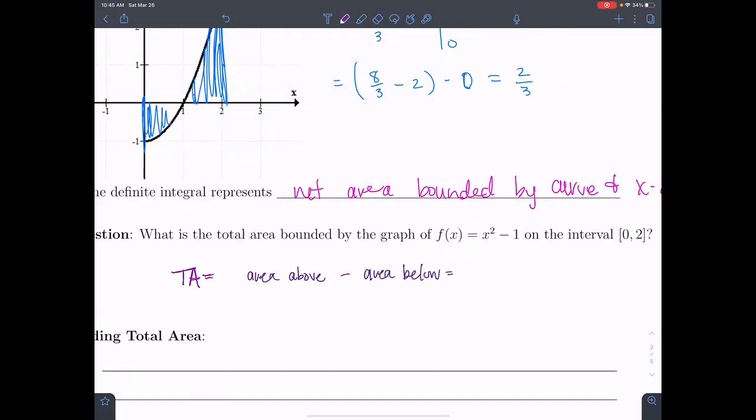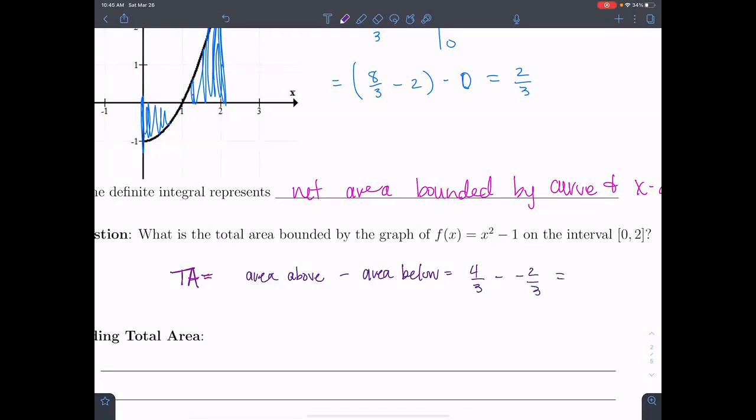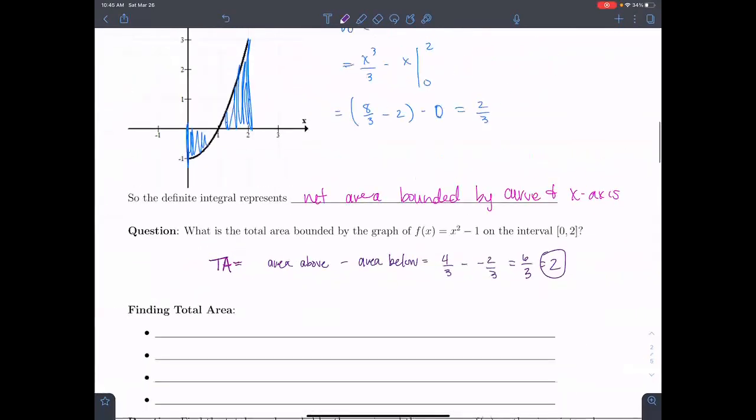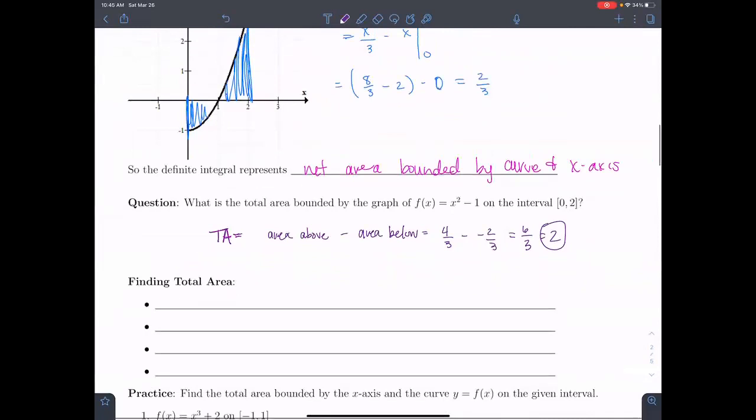So we would have 4/3 minus a negative 2/3, which would be 6/3, which is 2. And that would be the total area. Or you could do the area above plus the absolute value of the area below, and that would do the same thing.